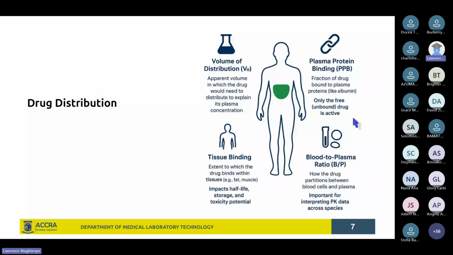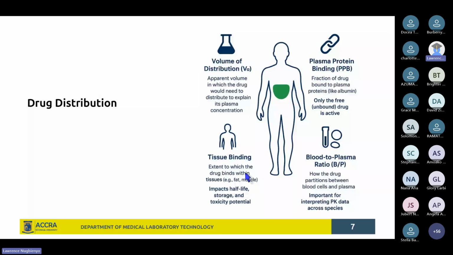Then, of course, you also talk about tissue binding. I think we've said much about this already, which has some impact on the half-life of the drug. If you have a drug being bound more to tissues than is moving in the bloodstream, then of course the half-life is going to be much, much longer.